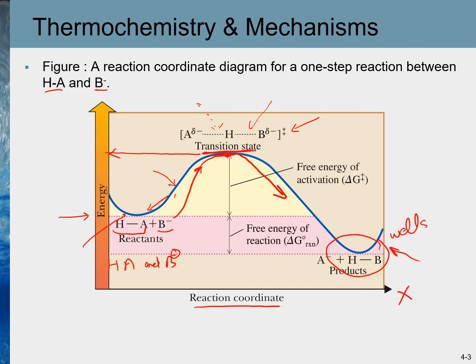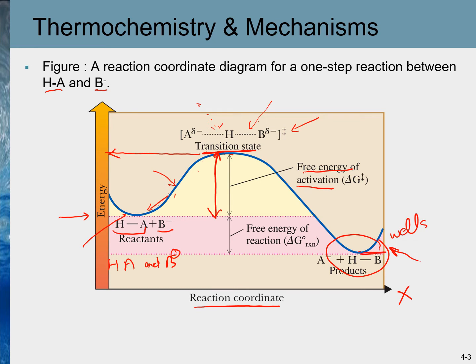So therefore, in order for these reactants to form products, they need to gain some amount of energy to go all the way up to the activated transition state. So this amount of energy needed for reactants to go all the way up to the transition state is known as free energy of activation.